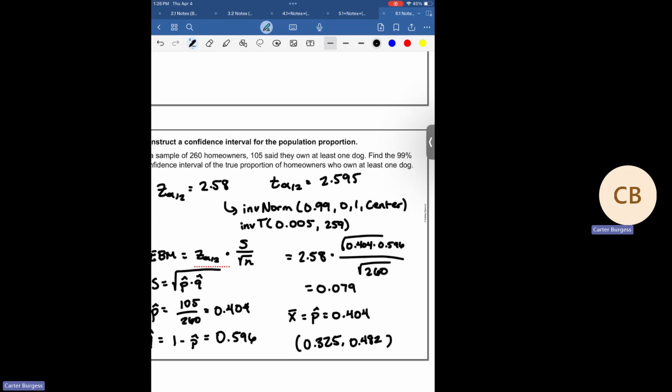We are 99% sure that what? That homeowners own what percentage of homeowners?